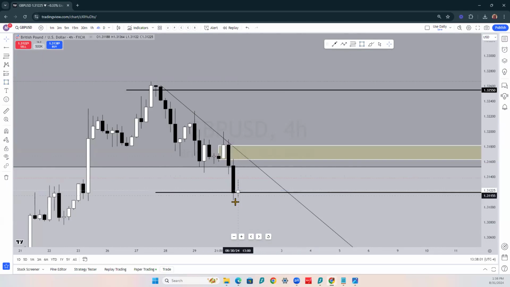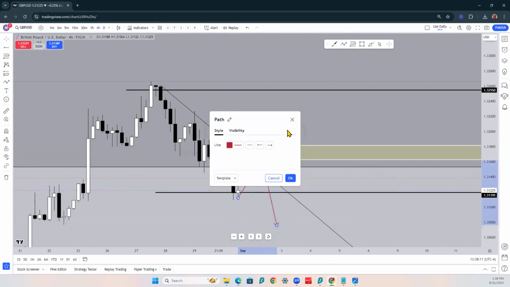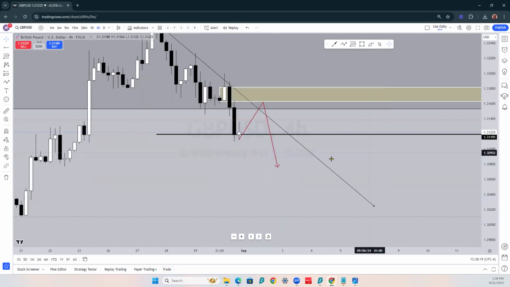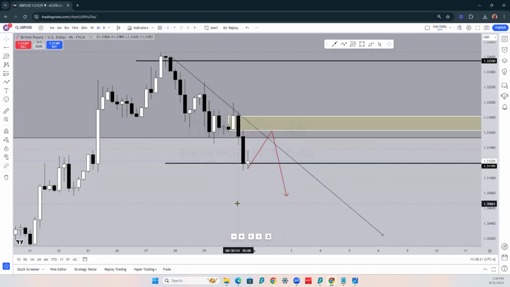So you wait for it to come back up and touch this order block right here. You place your trade somewhere around here, and then you continue to ride downward. That's what I'm looking for. We'll be looking for another bearish engulfing candle up in the zone here for it to come down. And that's pretty much what I do.